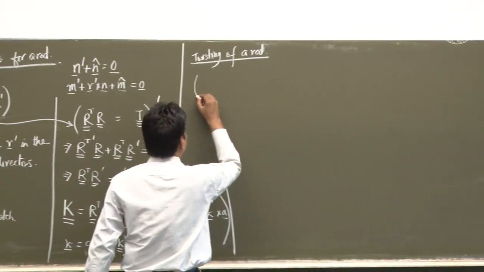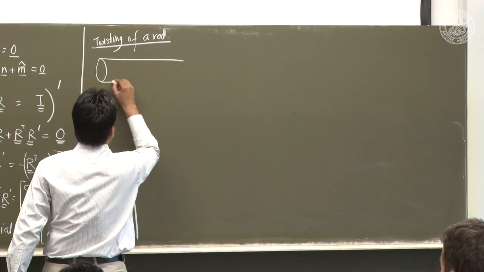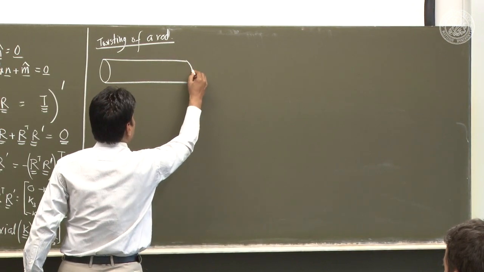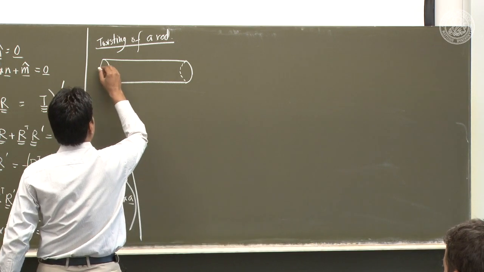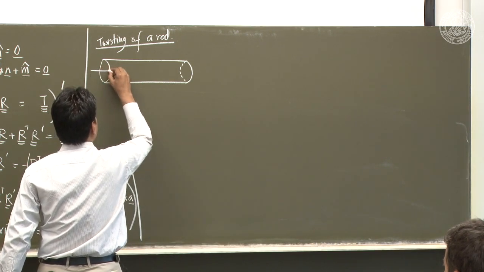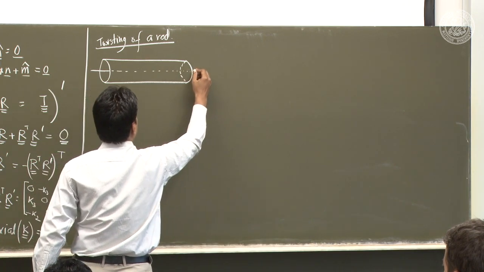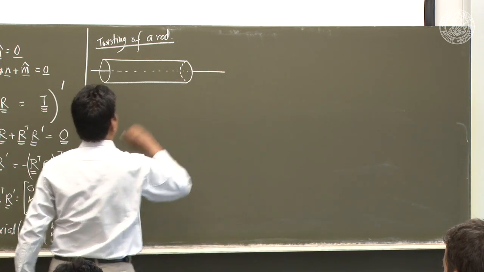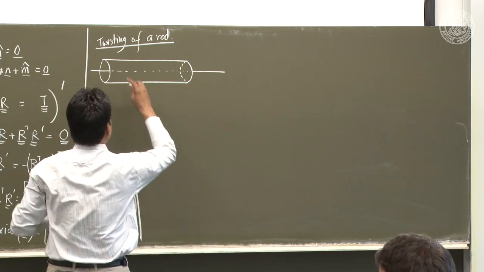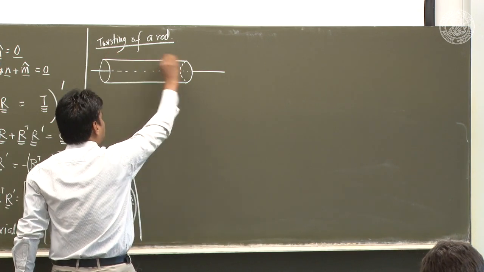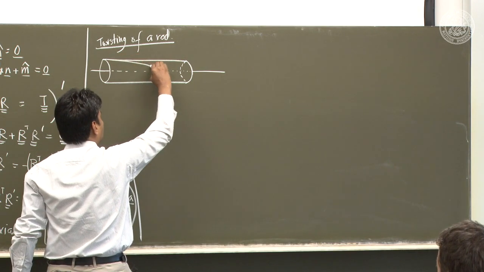If we have a circular rod for example, and if you twist it, then the axial lines become helical. So it's going to become something like this.